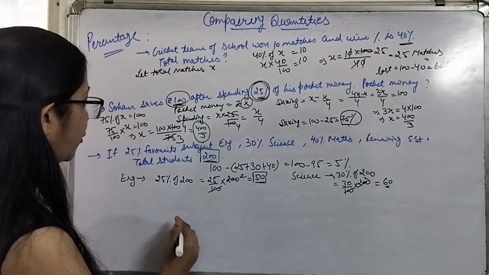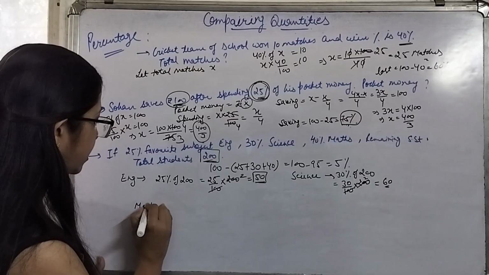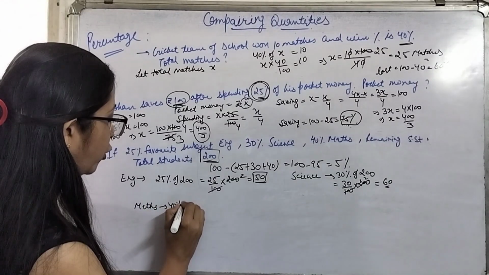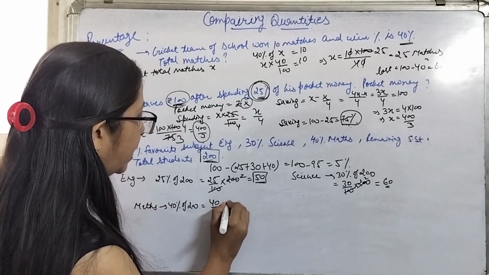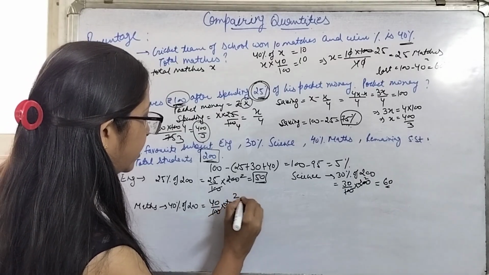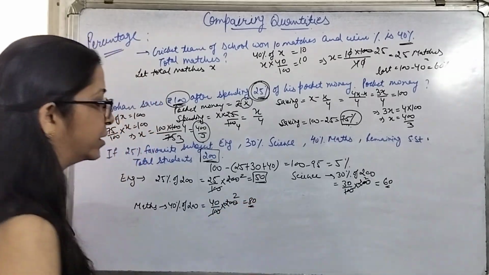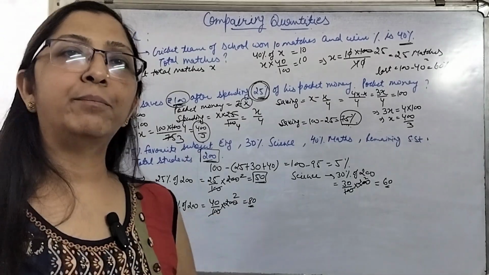Now for maths it is 40% of 200, that is 40 upon 100 multiplied by 200, which is 80 students whose favorite subject is maths.